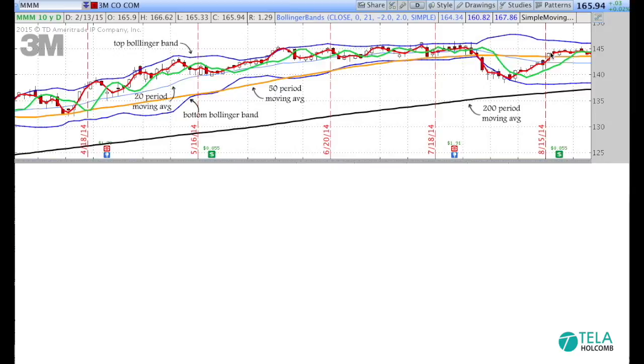Now, it's important to know and be mindful of these moving averages, the 20, the 50, and the 200, because as you're trading, and your candles are getting close to one of those lines, you want to make a mental note as to whether it's going to provide some support or some resistance.